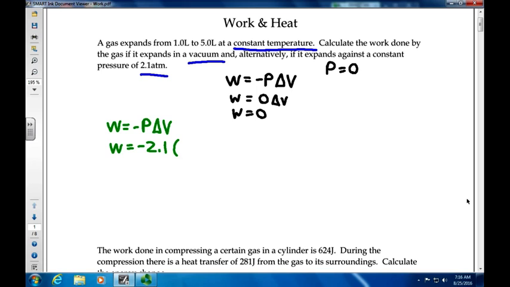Change in volume is given in the first sentence as expands from 1 liter to 5 liters. And whenever you're doing the change in volume, you're going to want to start with your final volume and subtract your initial volume. So it's going to be 5.0 liters minus 1.0 liters, which in turn, when you do the arithmetic out, will get you to have negative 8.4 liter atmospheres.